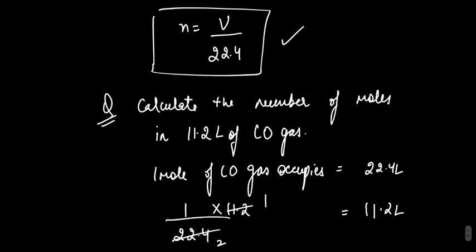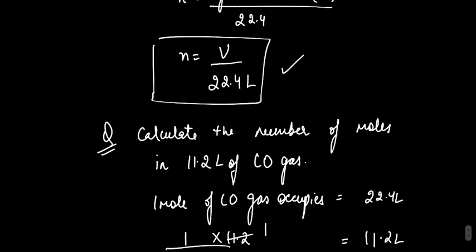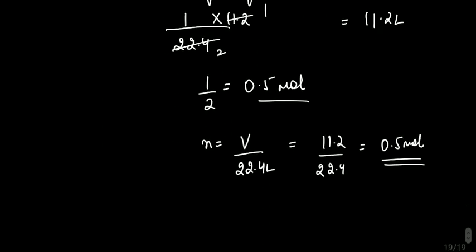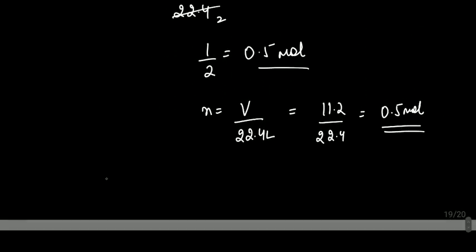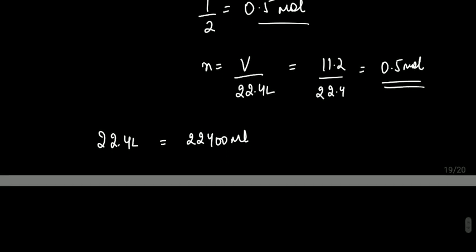Now one thing we need to remember over here, this is in liters. We can either use it as 22400 ml, or 22.4 liter can be equal to 22400 ml, 1 liter is equal to 1000 ml, or it can be 22400 centimeter cube, because 1 ml is equal to 1 centimeter cube.